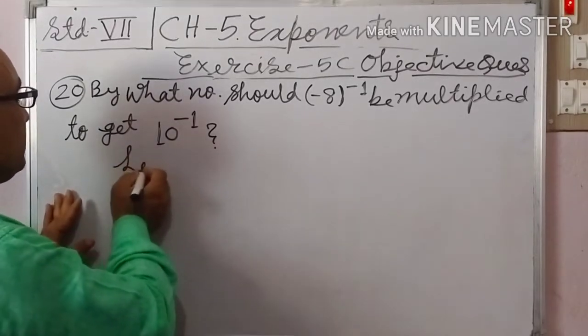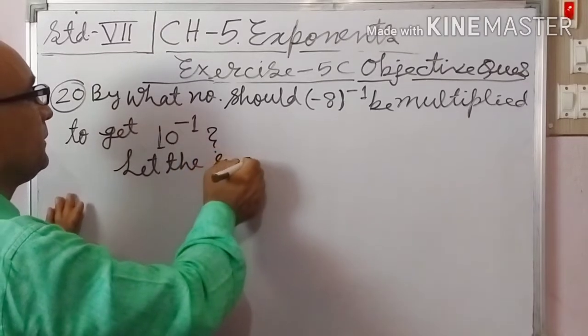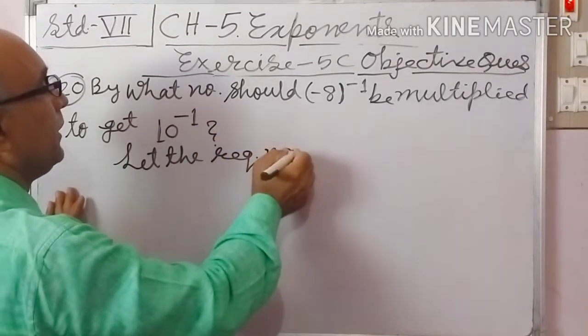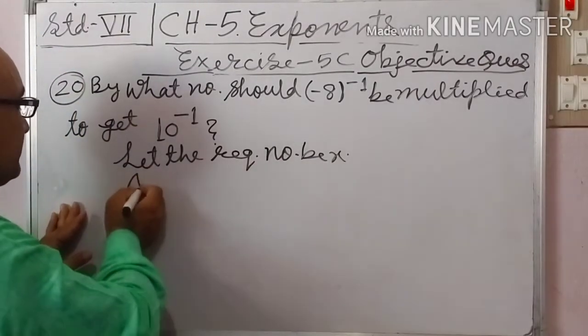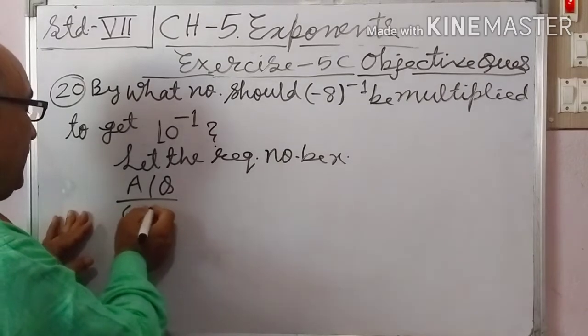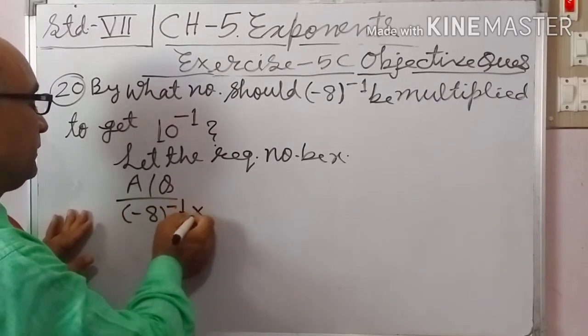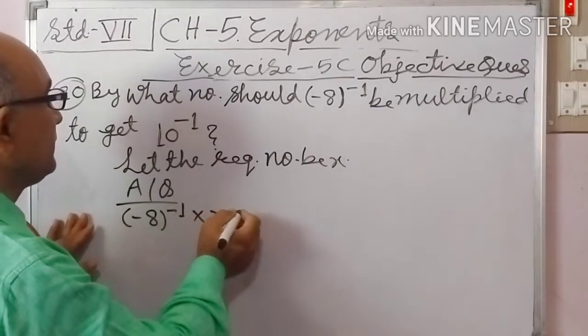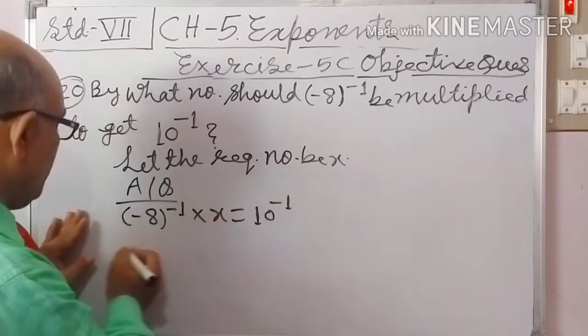Let the required number be x. According to the question, minus 8 to the power minus 1 into x equal to 10 to the power minus 1.